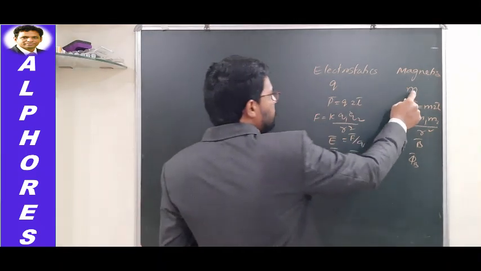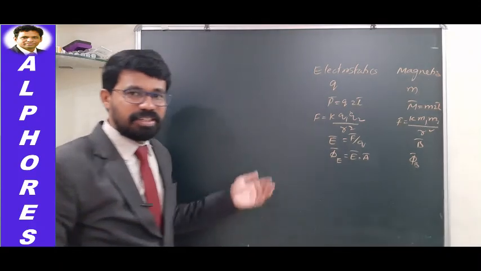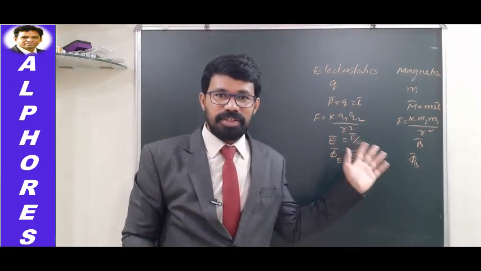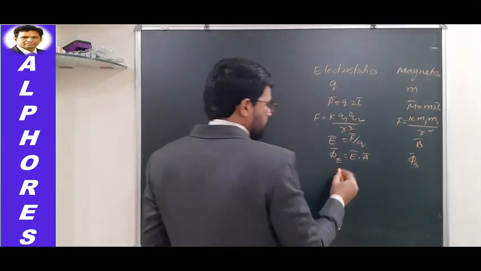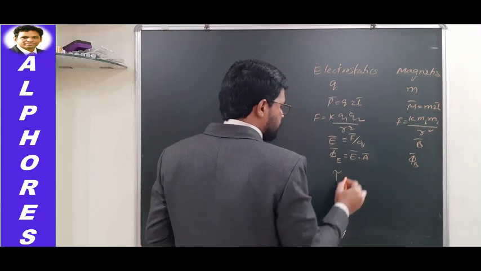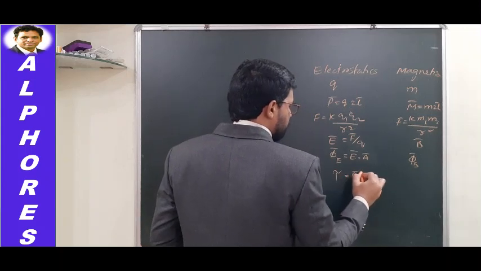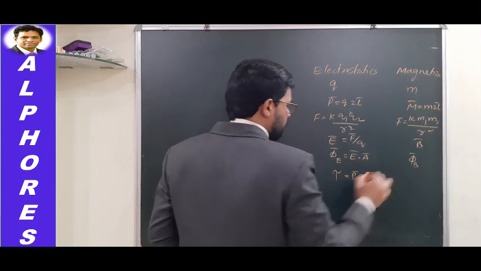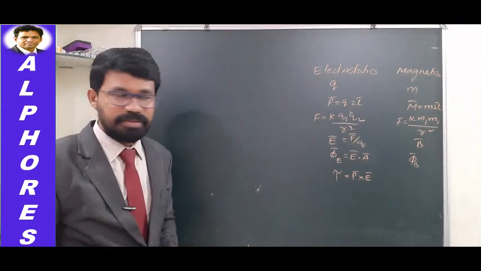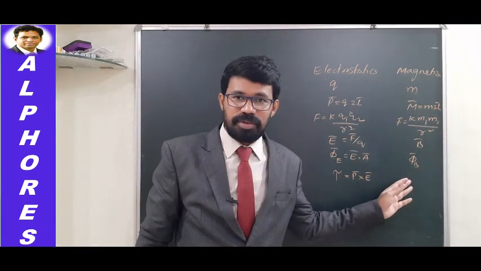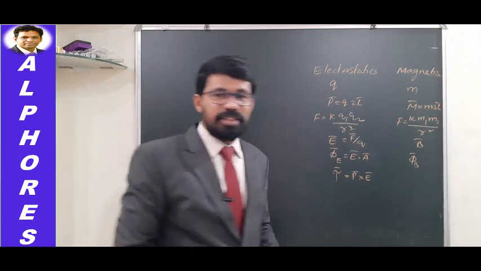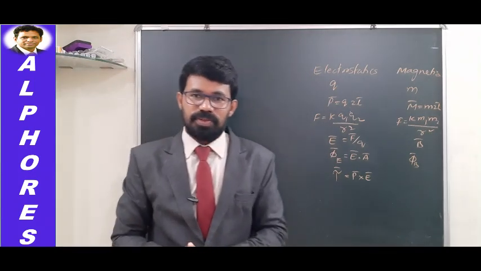If you are talking about torque tau in electrostatics, tau is expressed as P bar cross E bar, that is P E sin theta. Similarly, here also you can talk about tau. So there is a lot of relevance between these two fields.